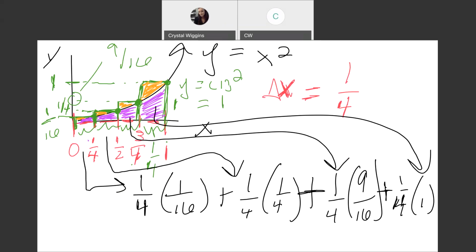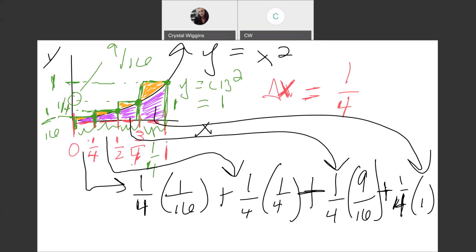Now we put this in our calculators. We put in 1/4 times 1/16. Now remember, when you're doing fractions in the calculator, it is best practice to put your fractions in parentheses to make sure that order of operations happens how you want it to.